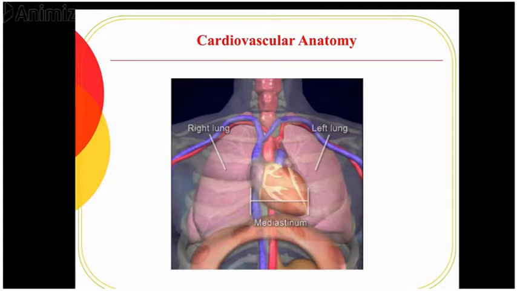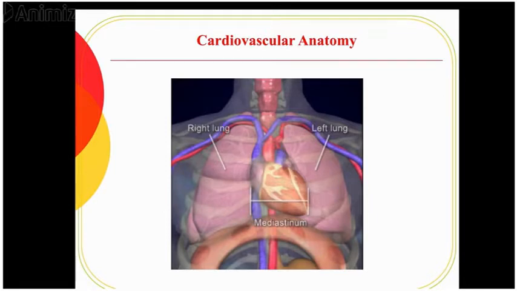And based on this location, keep in mind that when both lungs are inflated, this space, the mediastinum, gets smaller, and that's a physiological change, nothing significant. But that's why the blood pressure and also the pulse during inspiration may be different than during exhalation.